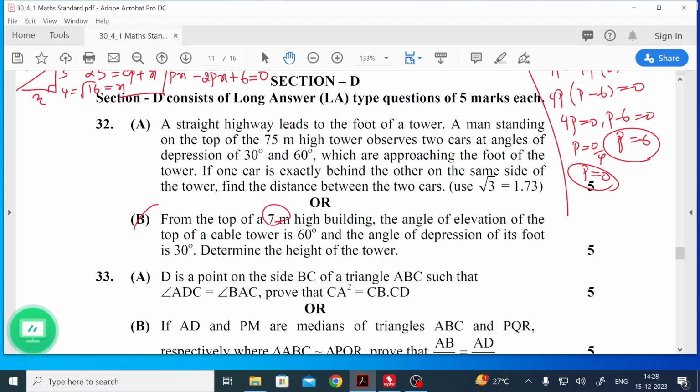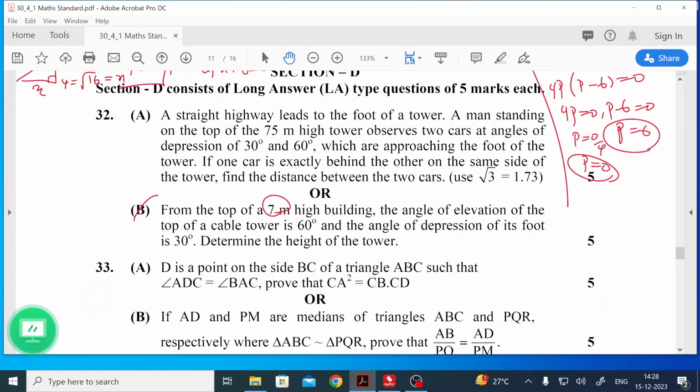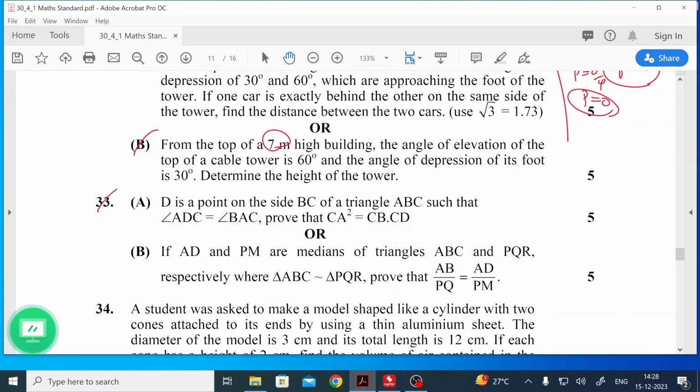This one, I think, is also from book back. I saw this measurement: 7 meter high building, 12th question. So they are asking maximum from the textbook. And this is also from book back, 6th chapter, theorem, exercise 6.3, question number 13. So this is also book back.